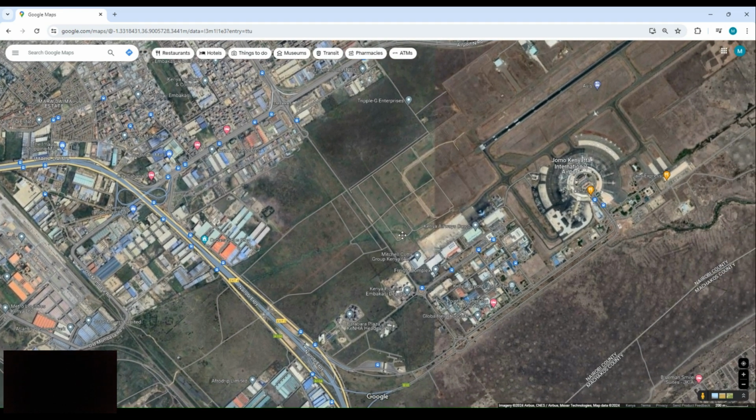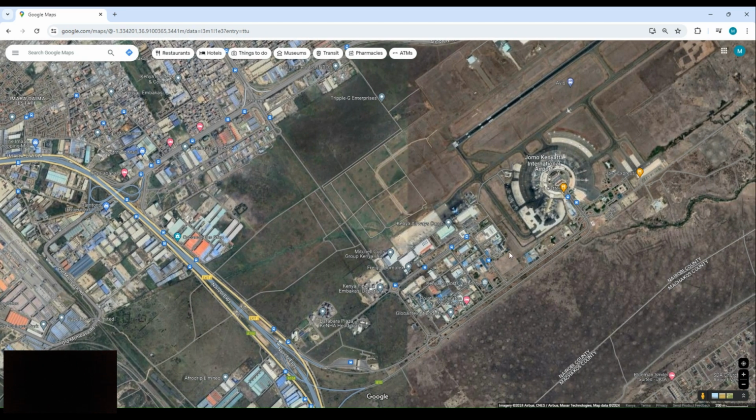And once it does that, you would ideally then appreciate that all this water floods the cargo area. And so I think about a day or two ago, we witnessed a lot of cargo destruction, a lot of exports that were going through the Kenya Airways cargo basically get destroyed.